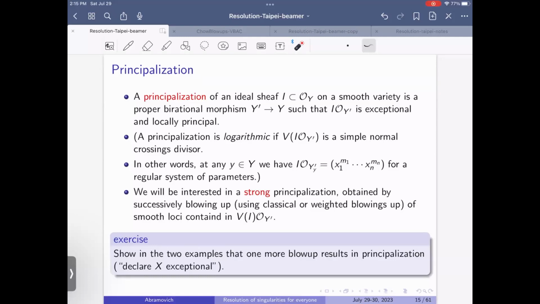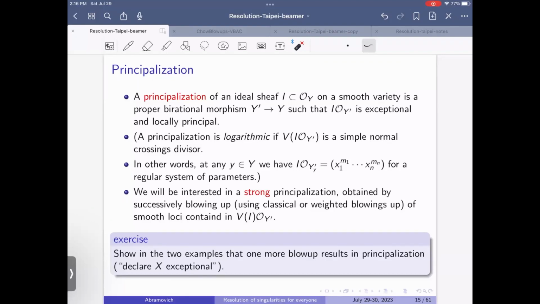There's a question from chat. Logarithmic. It's called logarithmic because the result is what you get with a logarithmically smooth variety.